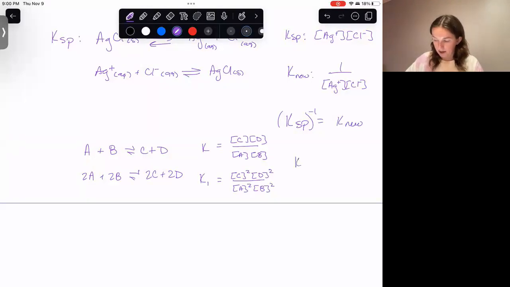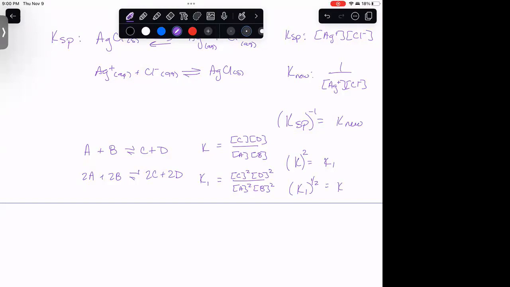So this one is now K equal to K1 squared. If you wanted to go from 1 to 2, you could also say K1 to the 1/2, not to the negative, sorry, to the 1/2 is equal to K, because now you're just dividing by 2.